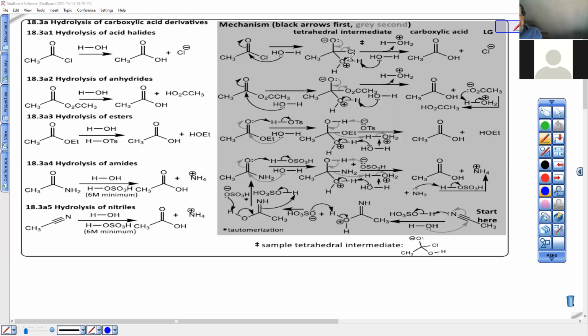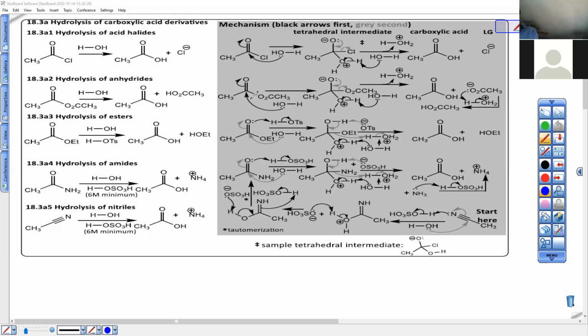We know we're breaking it down into steps by stating it here and here, but here's what you would have in the middle. And then elimination of the excellent leaving group, which is not hard to do, will cause creation of a carboxylic acid. And there's your excellent leaving group.